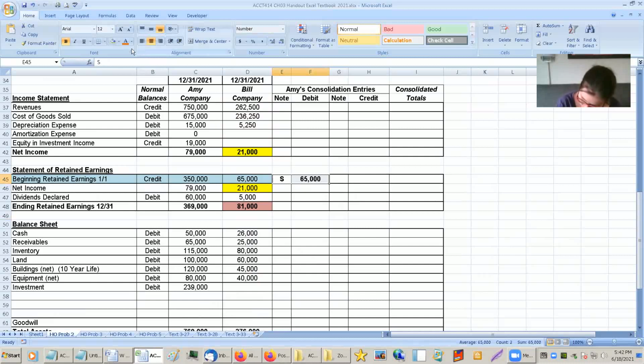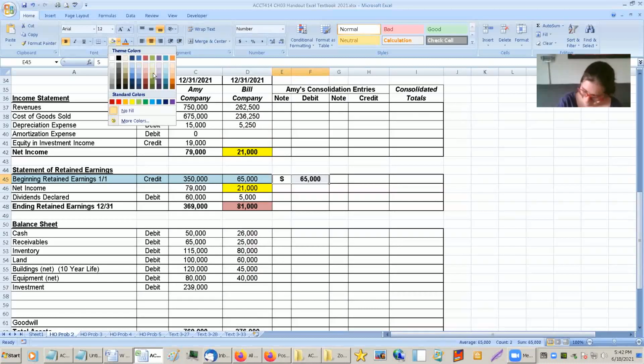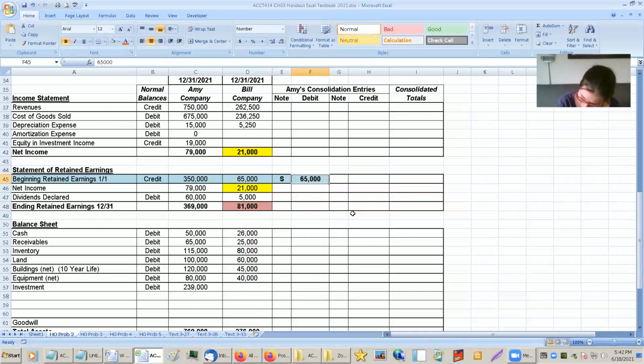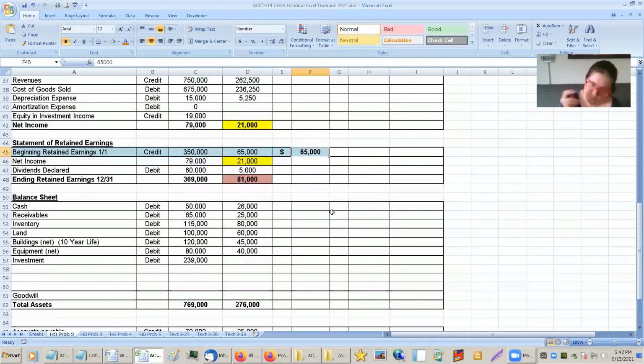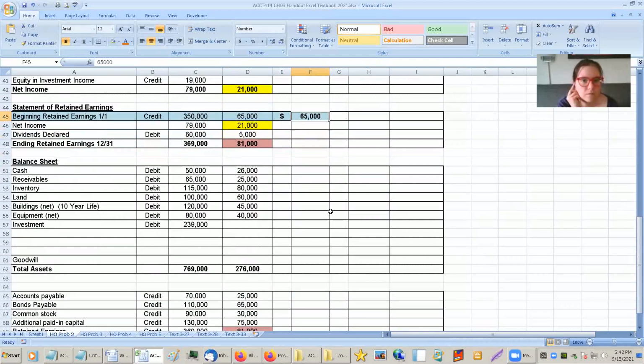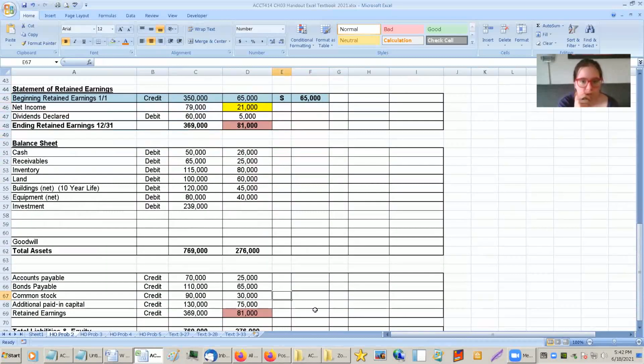I forget what color I made those before. It probably doesn't matter. Okay, so that'll be the stock there. And I'll come down here, and the common stock and additional paid-in capital won't change, because there's nothing out there.